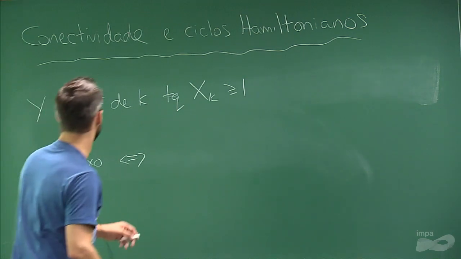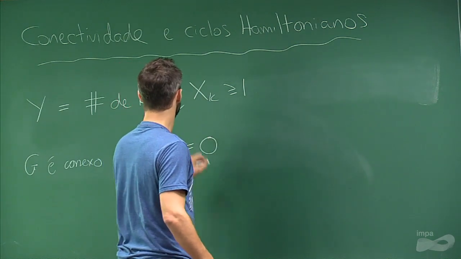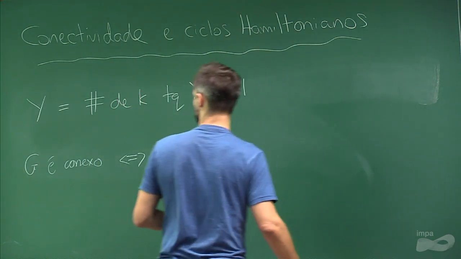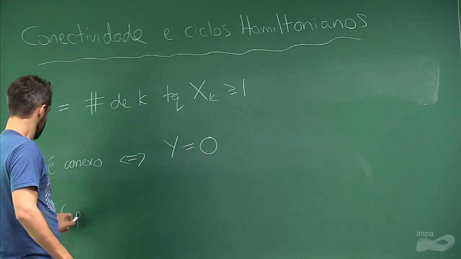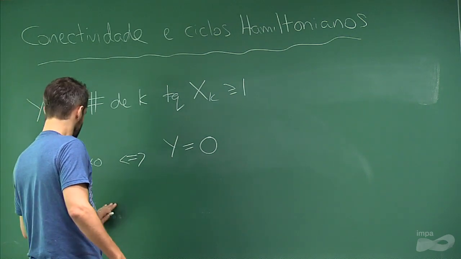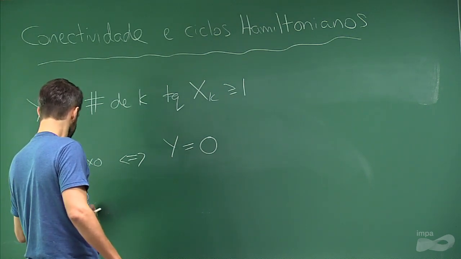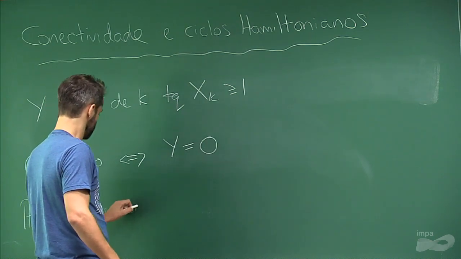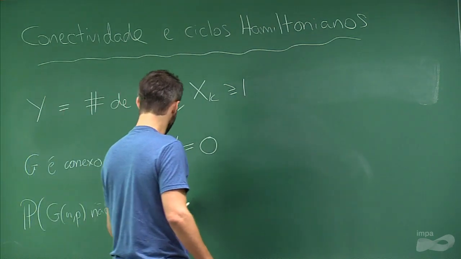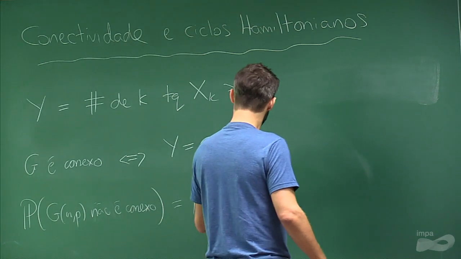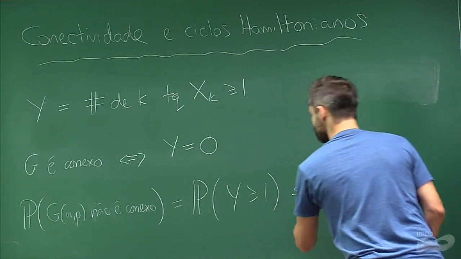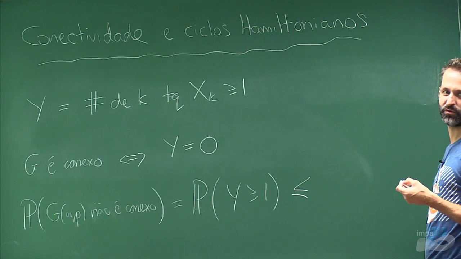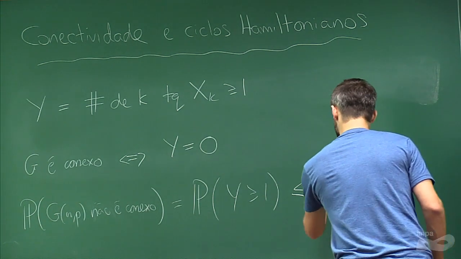Y is 0, exactly. And so the probability that G(n,p) is not connected equals the probability that Y is at least 1, the same event, which is at most, by Markov, the expectation of Y.